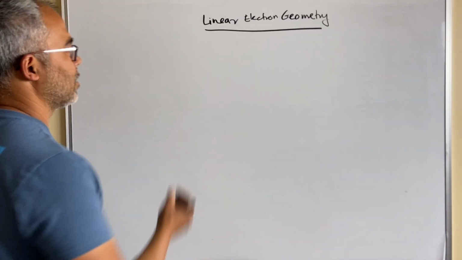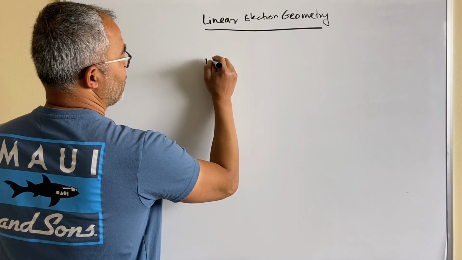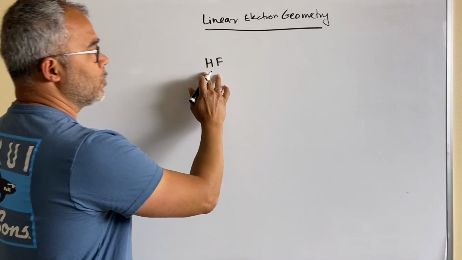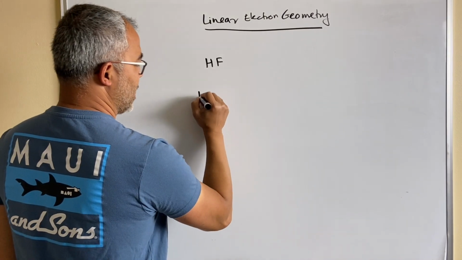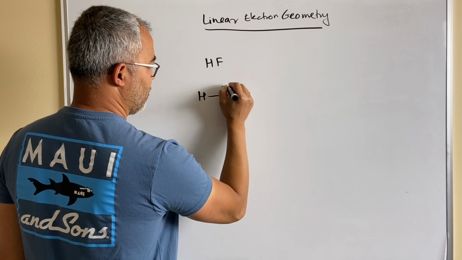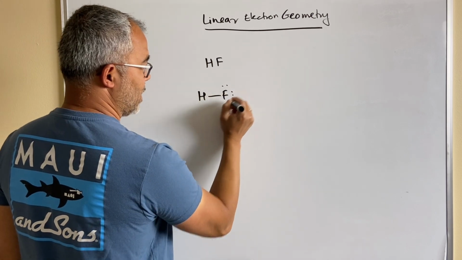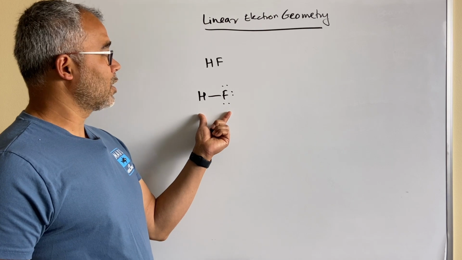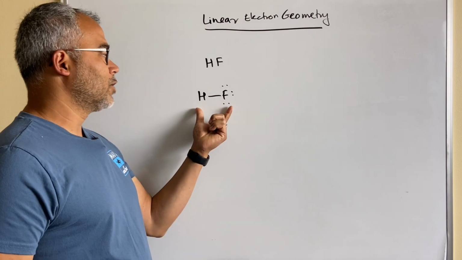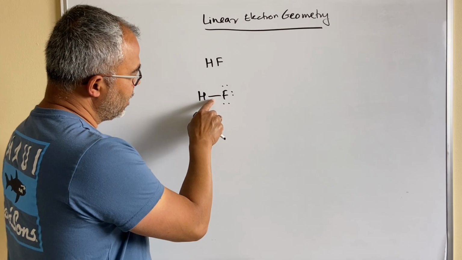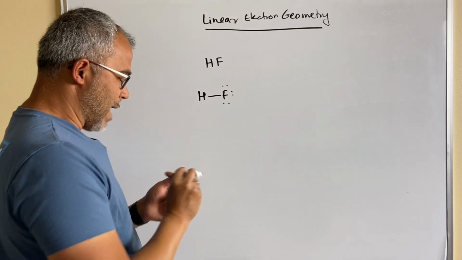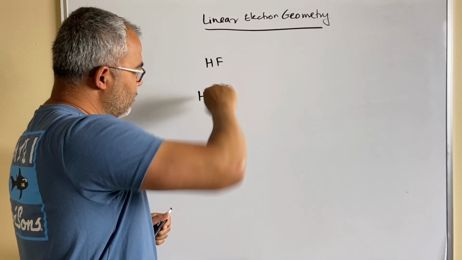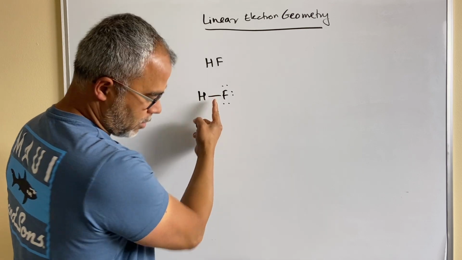So take, for example, a molecule HF, okay? If you draw the Lewis structure of HF, you will get H with a single bond to F, and then there are lone electrons around F. Now, since this is just a two-atom system, you have to imagine that the middle of this bond is the center of the molecule, okay?